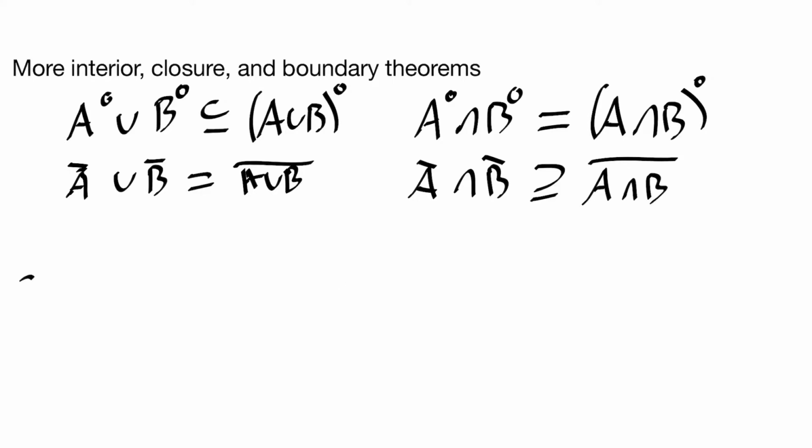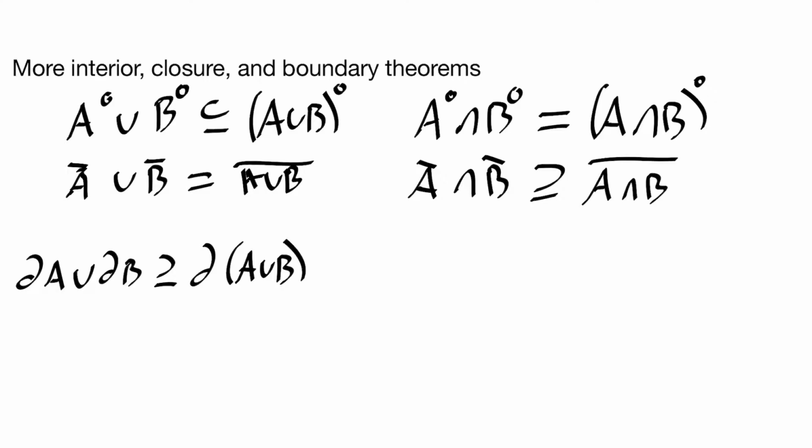And finally, boundaries have a couple. The boundary ones are a little more complicated. Boundary of A union boundary of B contains the boundary of A union B, and you can kind of see that this should be the case by grouping these intersections and closures together.